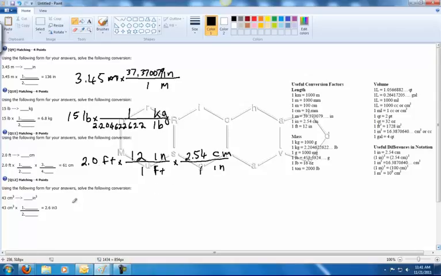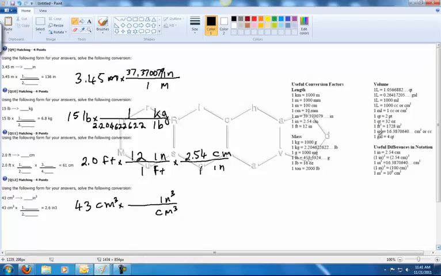Alright, looking at the next one, we've got 43 cubic centimeters going to cubic inches. 43 cubic centimeters. And now we've got cubic centimeters on the bottom. We want cubic inches, so that's going to go on top. I need a relationship now between cubic centimeters and cubic inches. So I look around and try and find it.